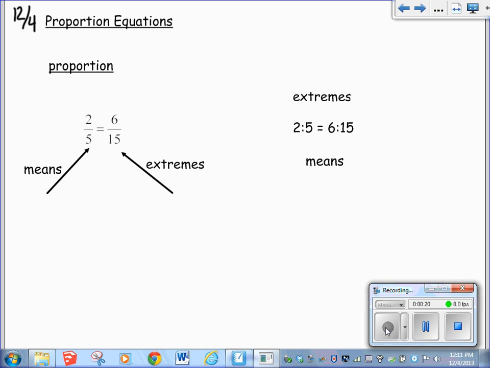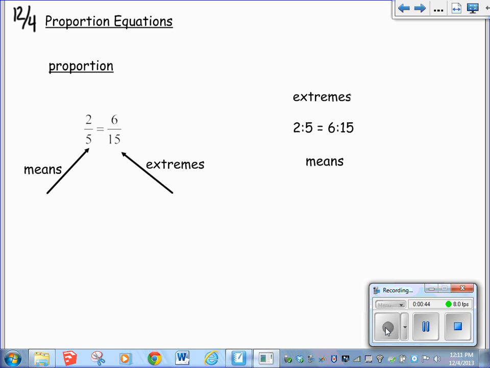This right here, 2/5 is equal to 6/15, is equivalent to this expression on this side over here. The 2 is to 5 as 6 is to 15. One's written in fraction form and one's written in ratio form. And if you were here last year, you experienced a lot of going back and forth between the two. So these two are both true statements.